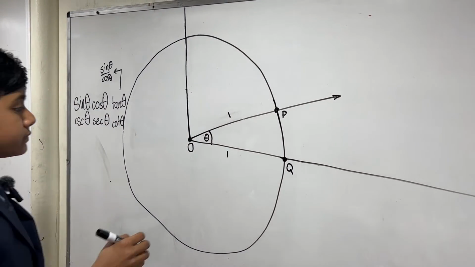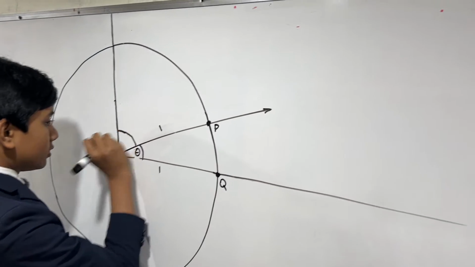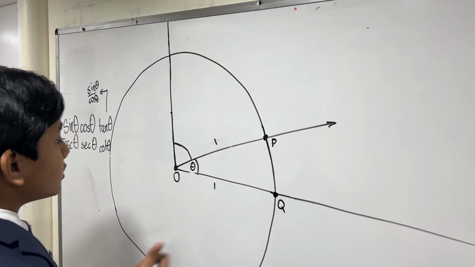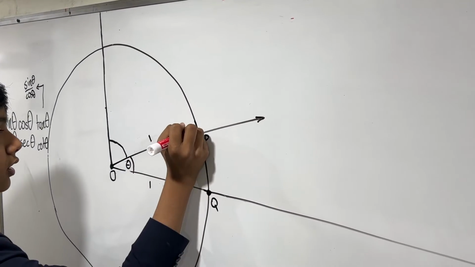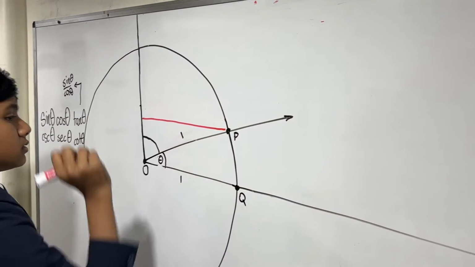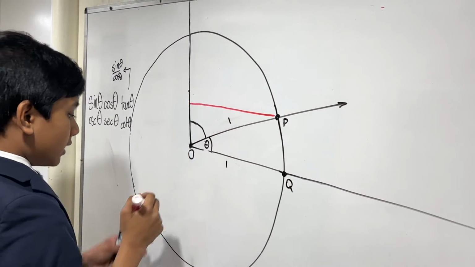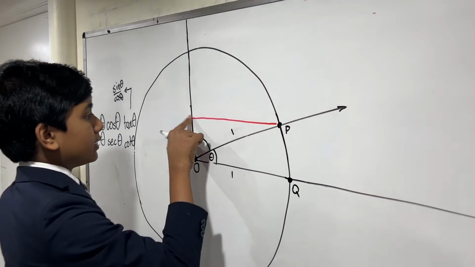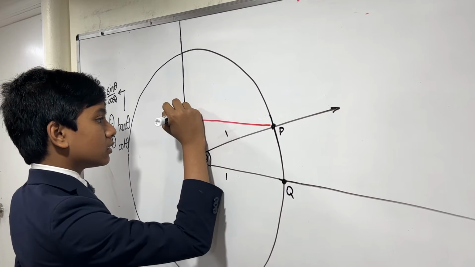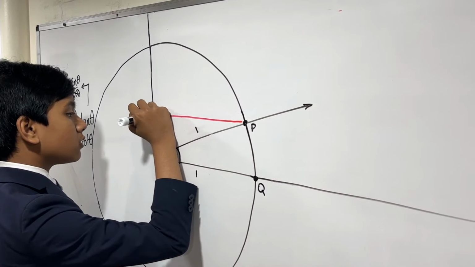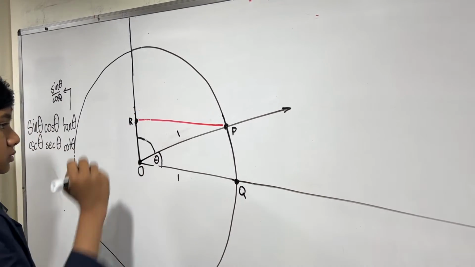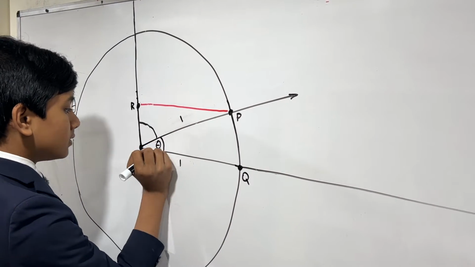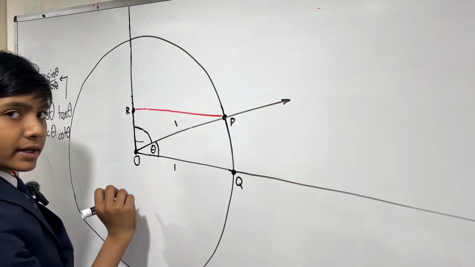So first of all, what's this angle? Well, we'll think about that later. But for now, what I'm going to do is draw the perpendicular from P to this line. And I'm going to name their point of intersection R. So that means that we're defining this to be 90 degrees by default.